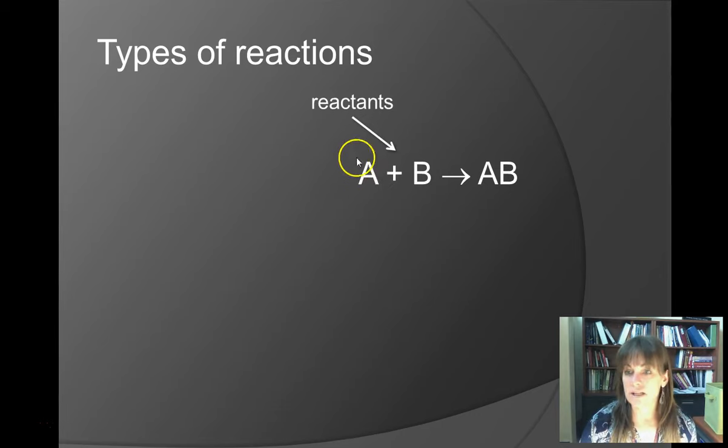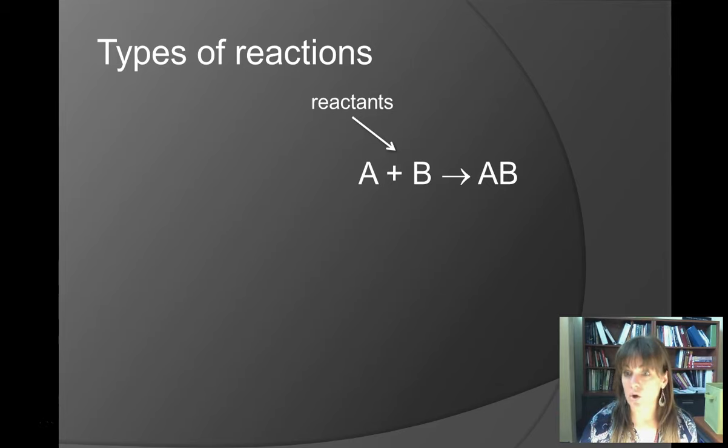A would be just any molecule. B here would be any molecule, a different molecule. It's not the same as A. But you notice they're here on the left side of the arrow, and that means these are the molecules or atoms that we start with.